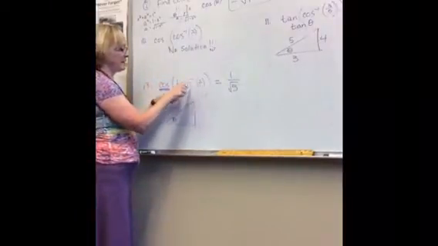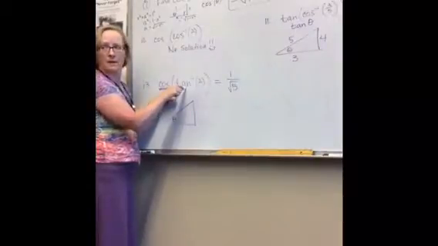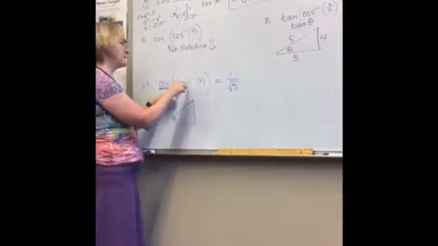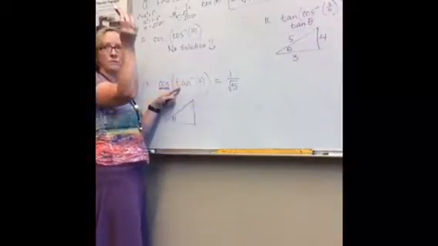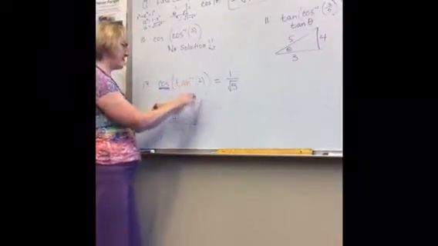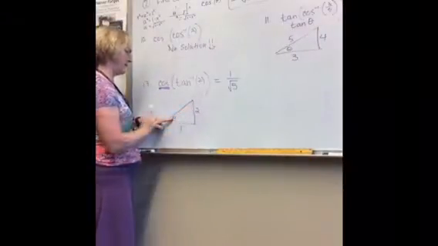The input, is it in the domain of tan inverse? Yes. Okay. Because what is the domain of tan inverse? All real numbers. Okay, so the tangent is opposite over adjacent.